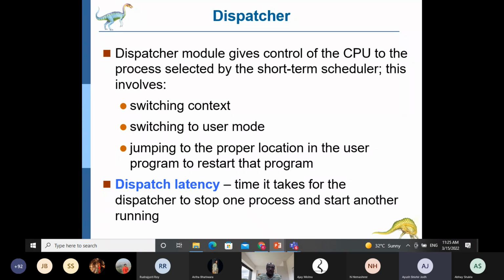So all these time components involved in this switching are known as the dispatch latency. This is just similar to context switching. And here our goal is that this dispatch latency has to be optimized, as minimum as possible, right?